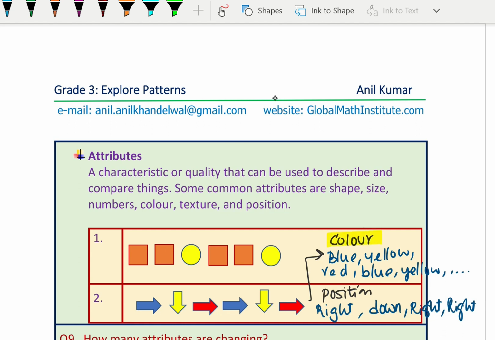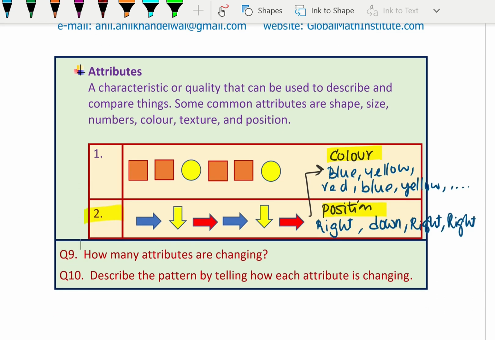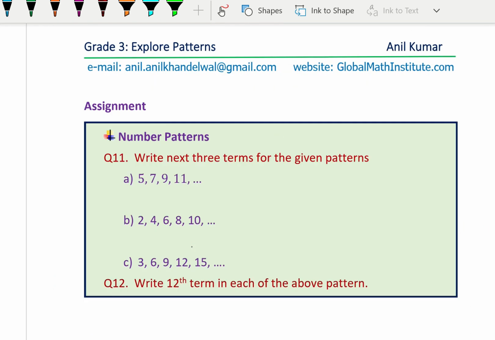We are describing the attribute color, which is changing in this particular pattern, and then we are describing the attribute position, which is changing in this particular pattern. Correct? So that is how you could describe this. Now take a moment to answer question number 9 and 10 in your own words. Perfect? Now that brings us to the end of this video with an assignment.